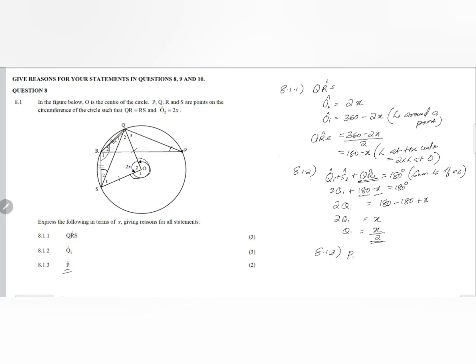P is the same as S2, which is the same as Q1, isn't it? So P is equal to S2, the reason is angles in the same segment. Therefore P is the same as Q1, that is x divided by 2. So we are done. So this is how we do this question. Let's go to the next question.